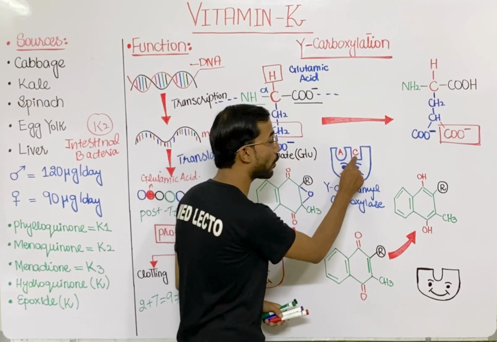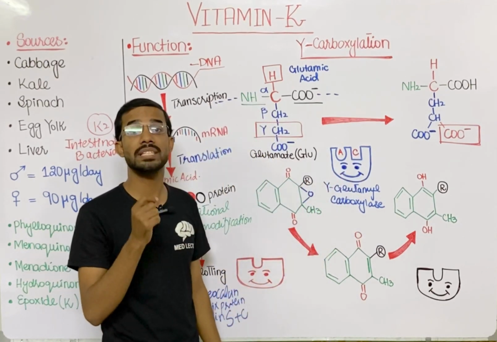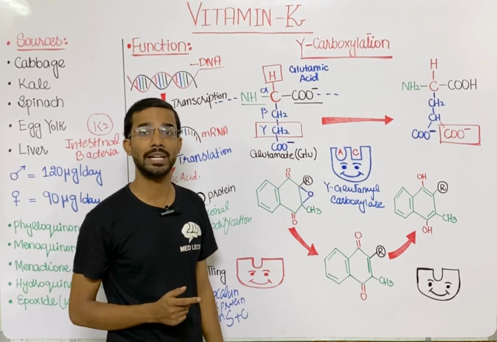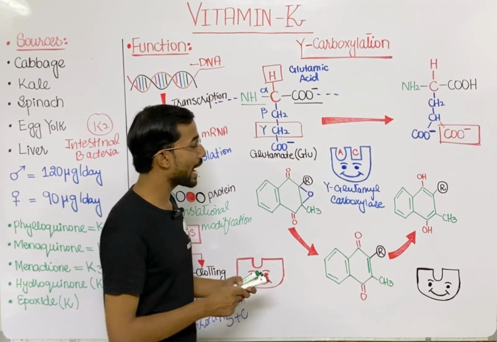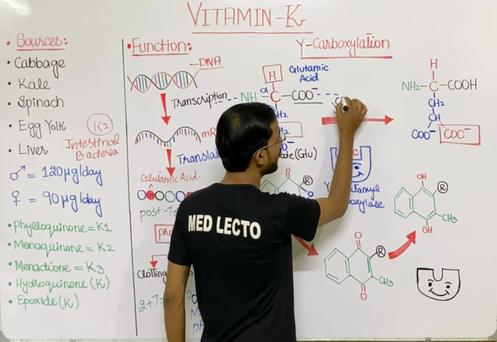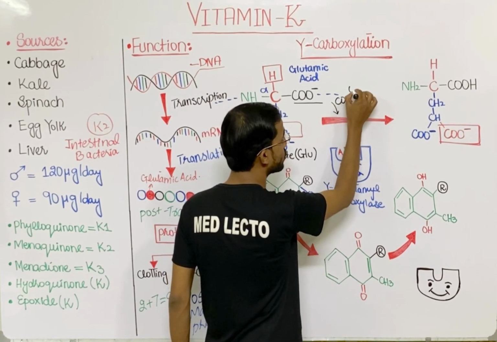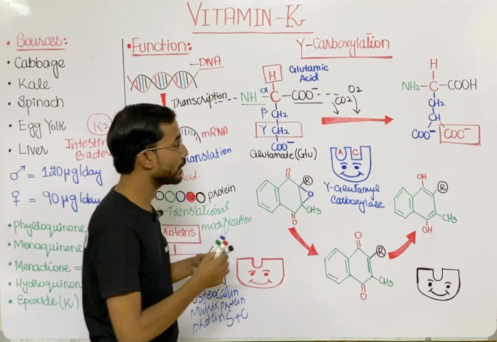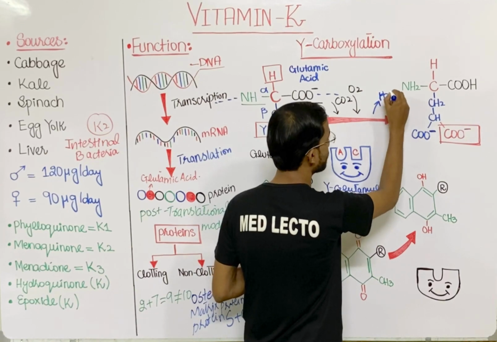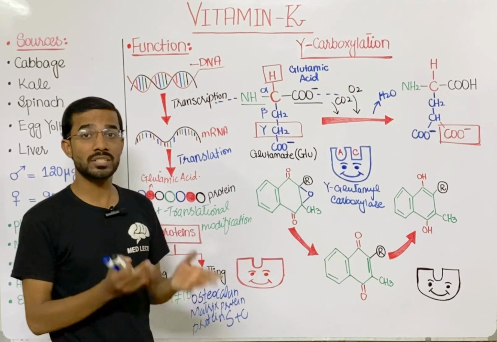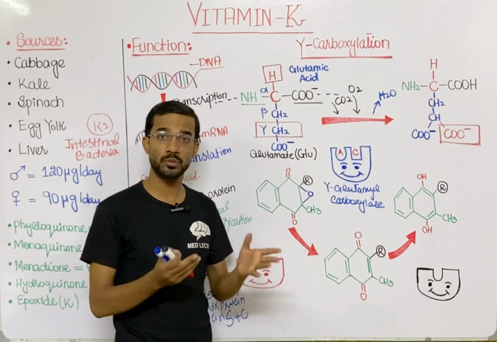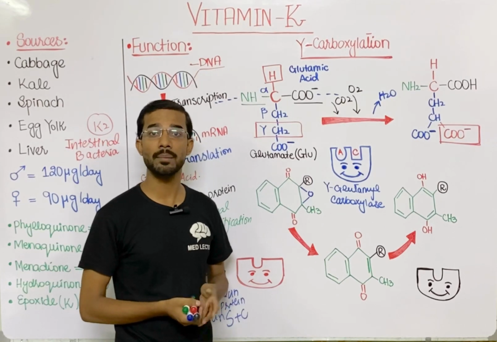And second is the coenzyme, or you can say cofactor, and our main cofactor or coenzyme in this reaction will be vitamin K. You also see the addition of carbon dioxide and oxygen in this group, and after that you will see the release of water. So the question is, where does vitamin K come from? Vitamin K comes from intestinal microorganisms and through the diet.